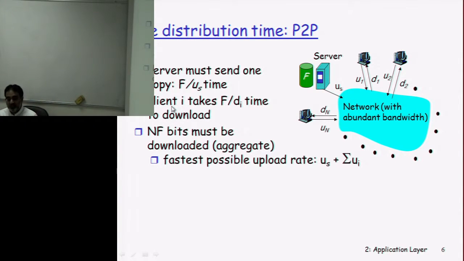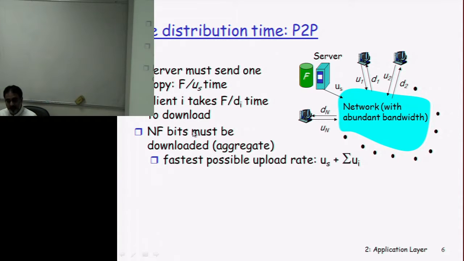The ith client is going to download that copy. How much time will it take? F upon d_i, the download bandwidth of client i. This is the download time by the ith client for the copy uploaded by the server.